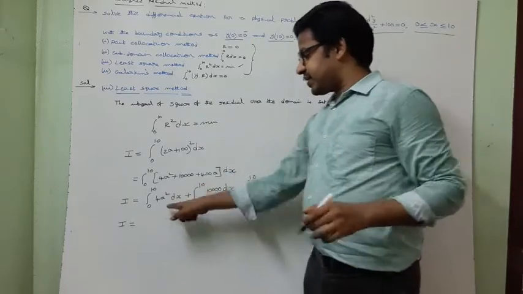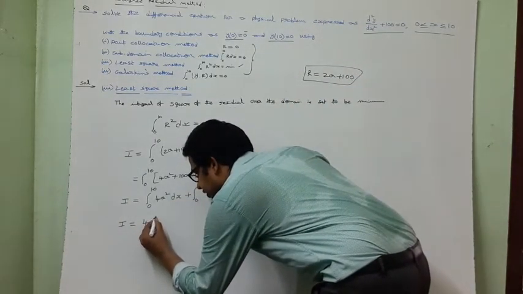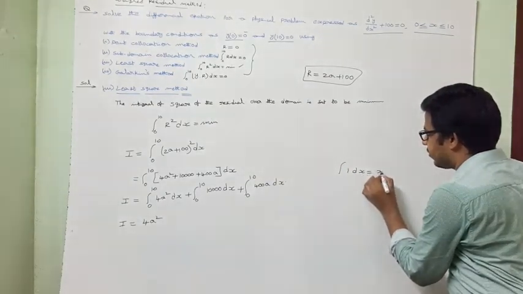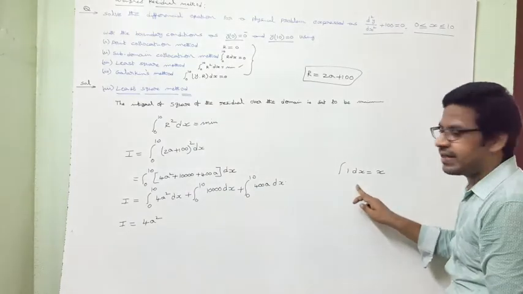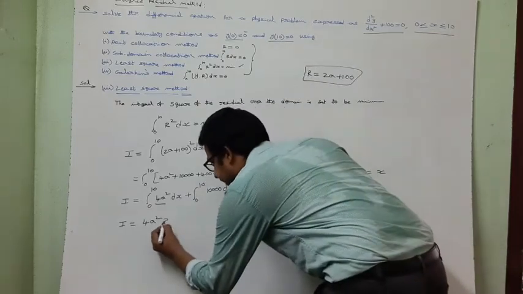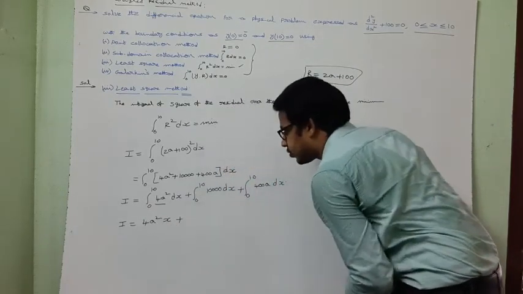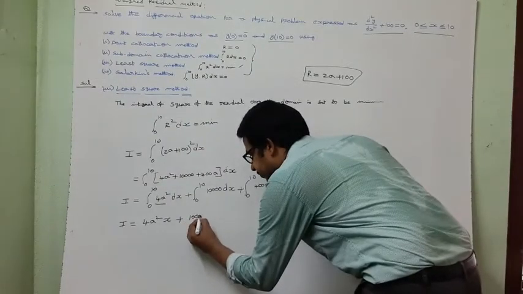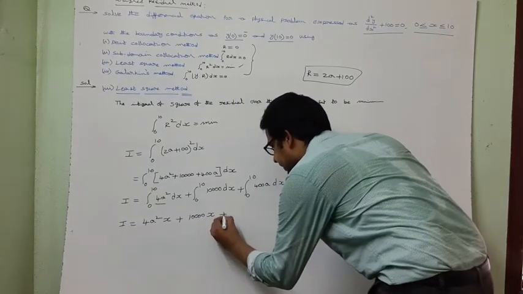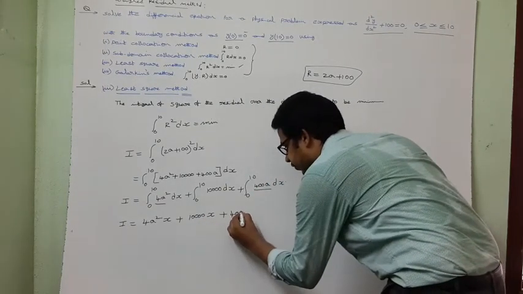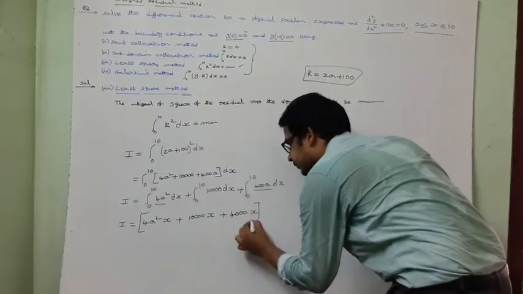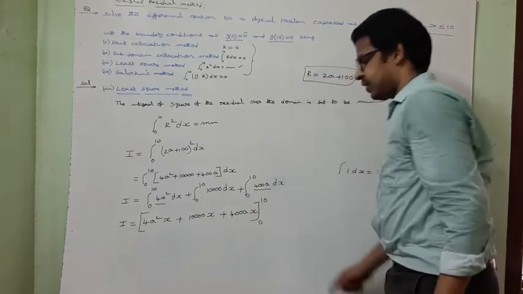Here, 4a square is the constant term, and integral 1 dx is equal to x. 10,000 is the constant term, and integral 1 dx is equal to x. 400a is the constant term, into x. What are the limits? 0 to 10. These are the limits.